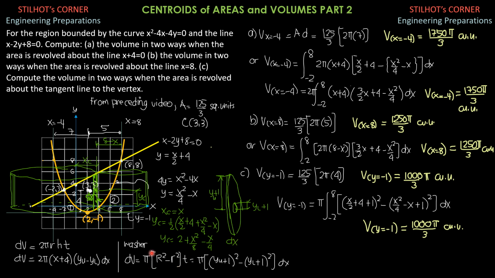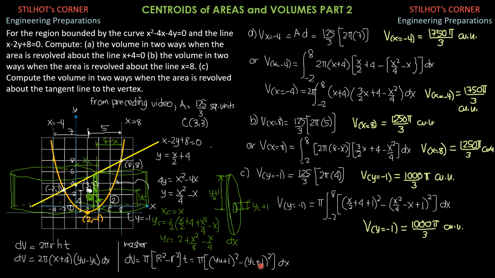The area of the big circle is pi times the big radius squared, which is upper y plus 1, minus the smaller radius squared, which is lower y plus 1, times the thickness. So the differential volume is pi times the quantity big radius upper y plus 1, squared, minus the smaller radius squared, lower y plus 1 squared.